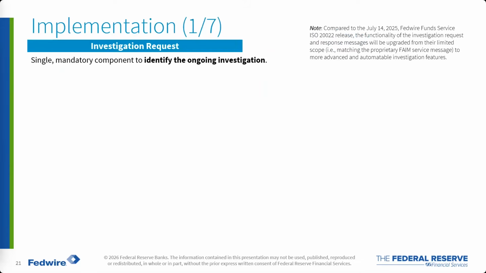I will briefly touch upon all elements and components, but the focus and a full exhaustive explanation will be on the changes. For all the other information that is not changing, we refer to both the guide and the investigations webinar. Now, the investigation request is a single mandatory component to identify the ongoing investigation.